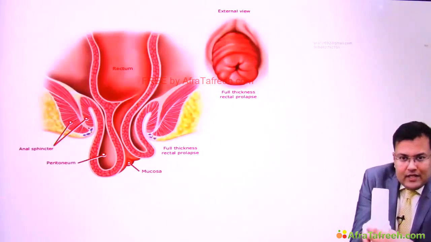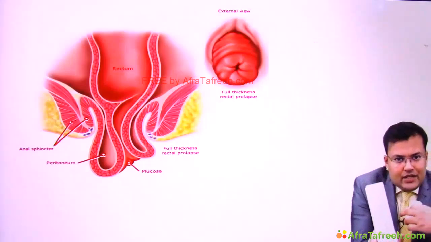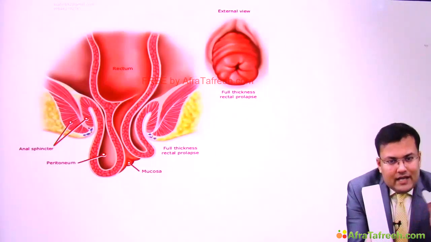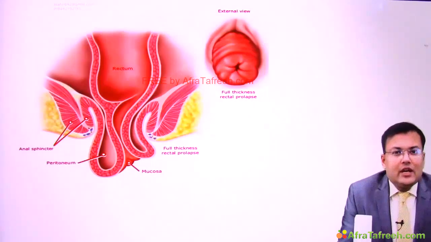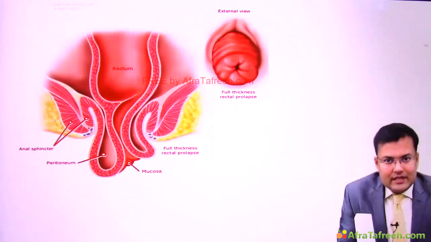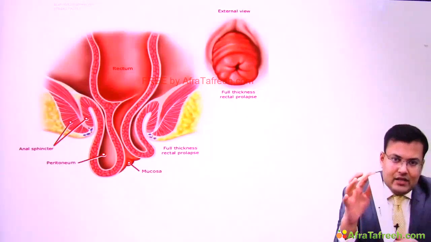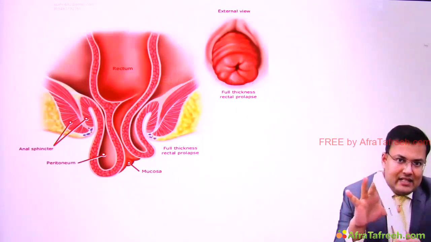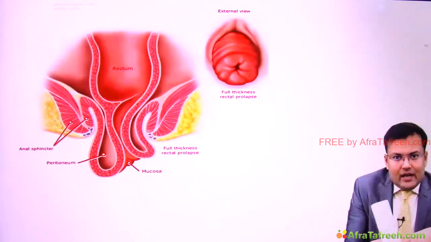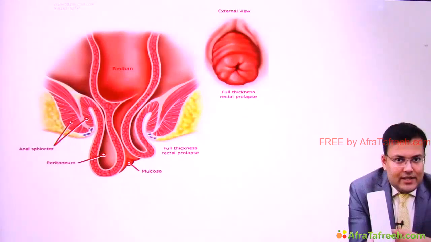So I'm doing fixation of the rectum with the help of mesh. This is known as rectopexy. So in rectal prolapse, I'm going to perform rectopexy. If there is extra length of rectum, you excise the extra length and then fix it. This is known as resection rectopexy.